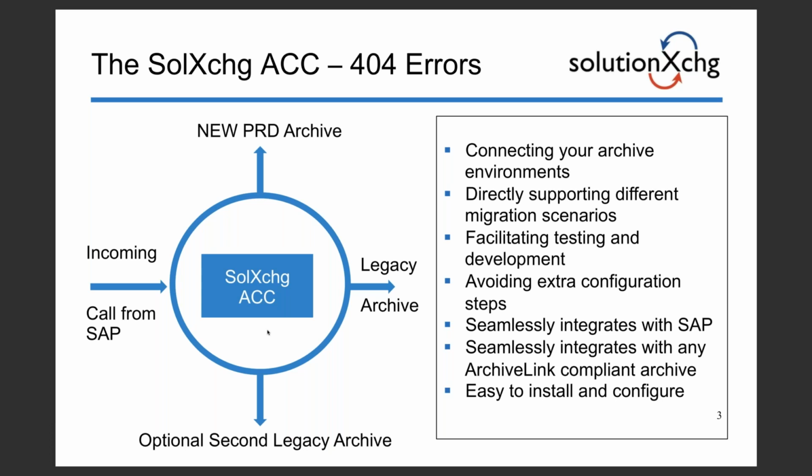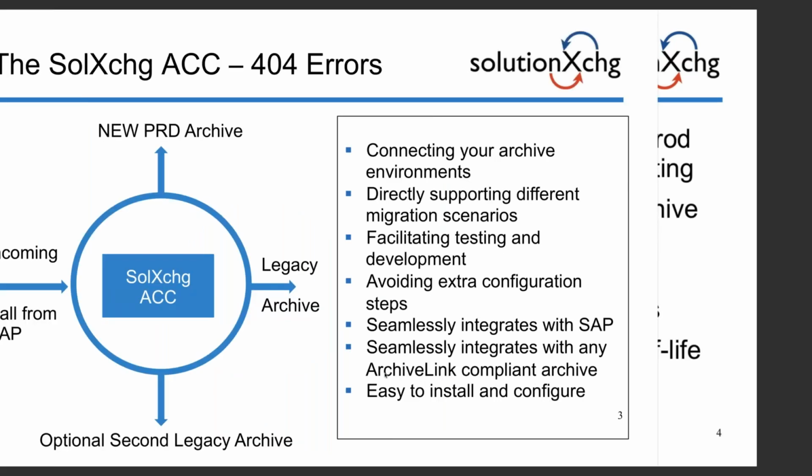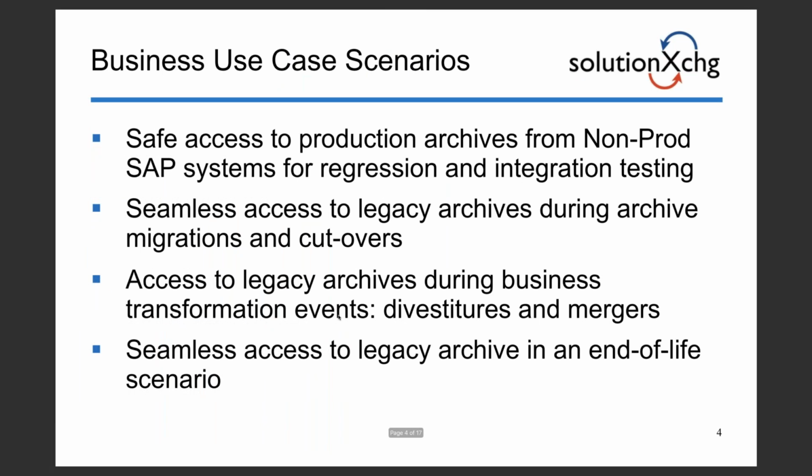It avoids additional configuration steps when you do a production copy of your SAP system. It seamlessly integrates with SAP and with all SAP ArchiveLink compliant archives. Furthermore, it's very simple and fast to install and configure, almost in a self-serve fashion.